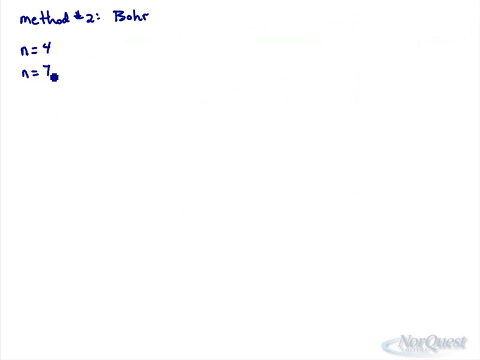What Bohr would have done is he would have used this energy formula. Energy at some level is going to equal E1 divided by n squared. And Bohr would have calculated what E4 was. E1, off the notes, is equal to, and I'm going to leave this in electron volts for now, negative 13.6 electron volts.